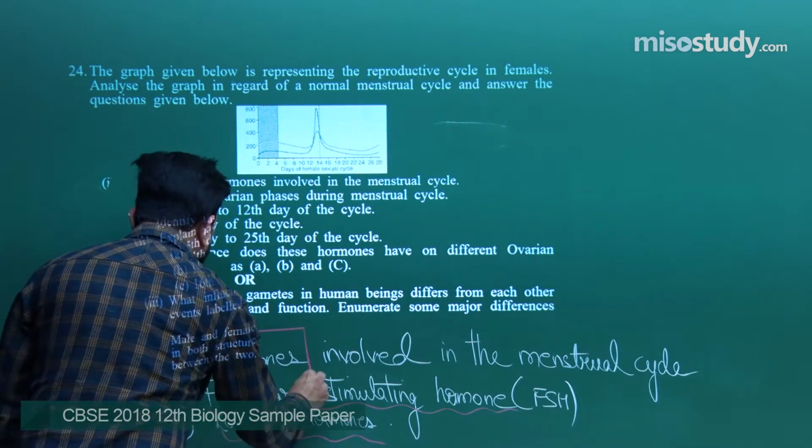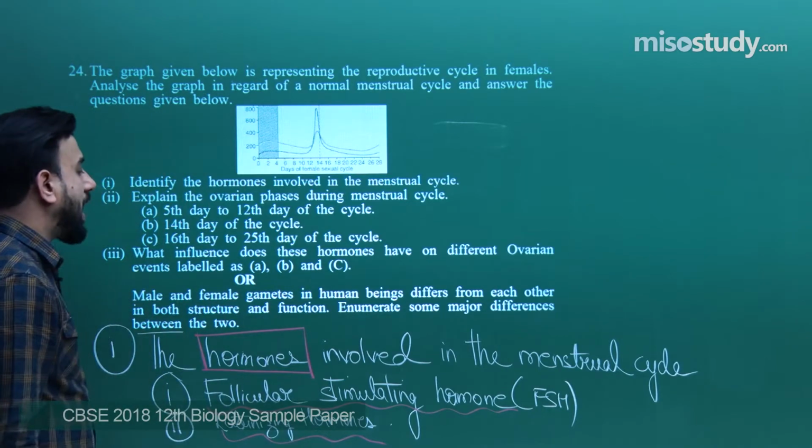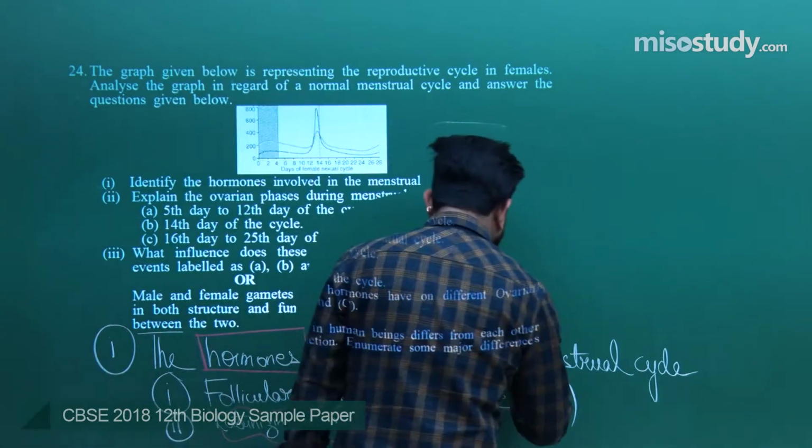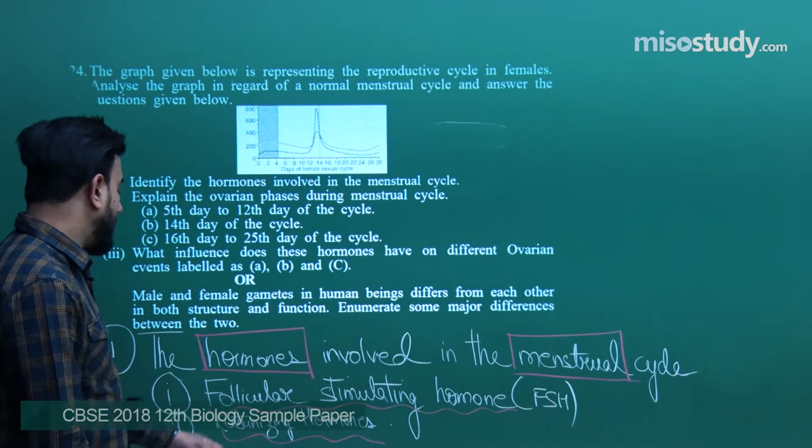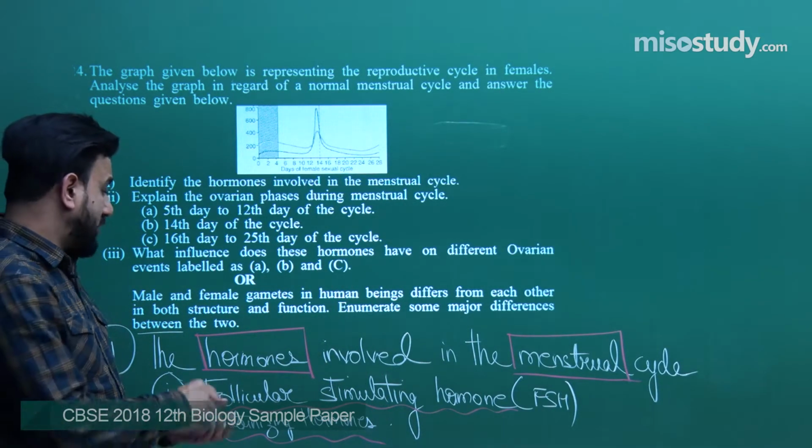So these two hormones are involved in the menstrual cycle.